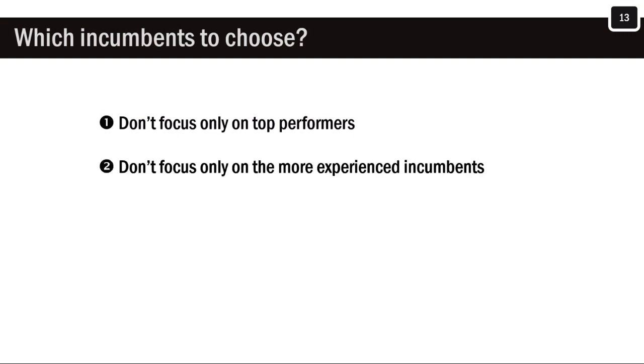Another piece of advice is don't focus only on the more experienced incumbents. Although the logic that people who have done the job the longest will also know the job the best is intuitively appealing, the reality is usually more complicated. To illustrate, researchers who studied police officers found that the more experienced and the less experienced officers reported spending the majority of their time on very different activities. More experienced officers focused more on non-criminal interventions, court-related activities, and first aid.